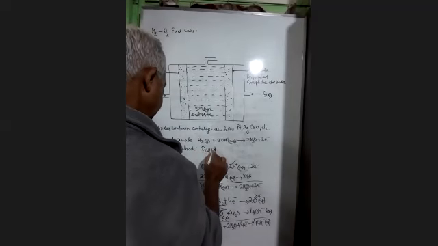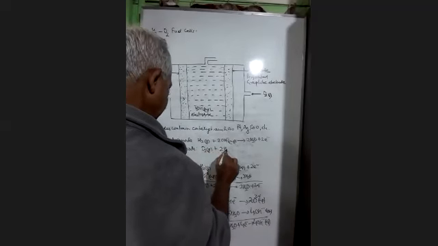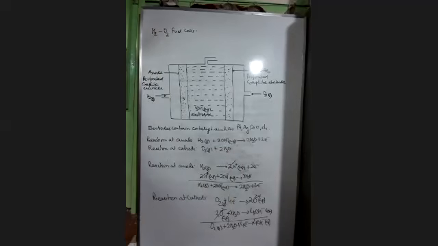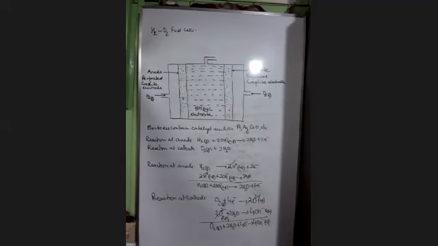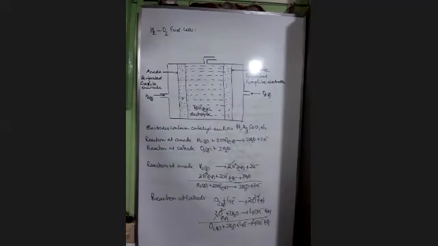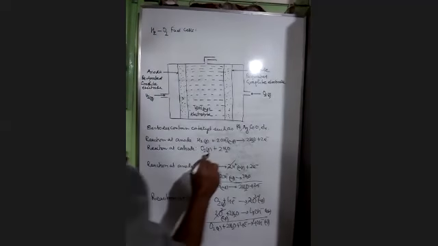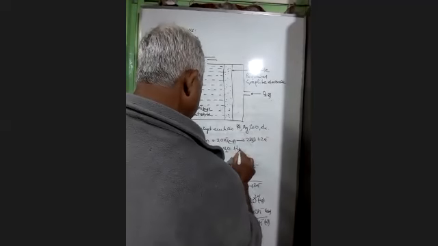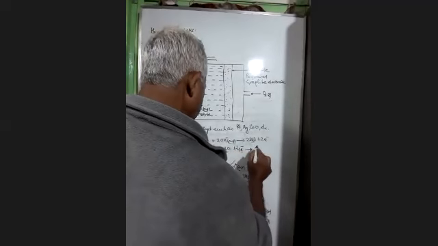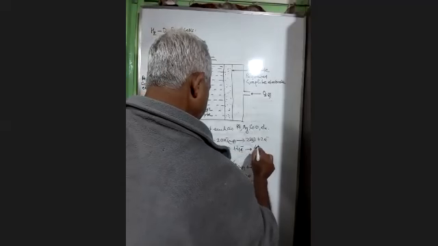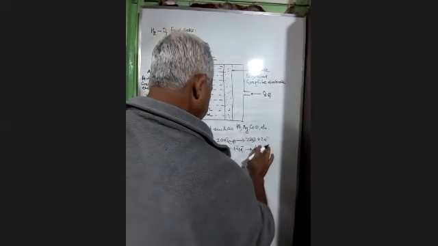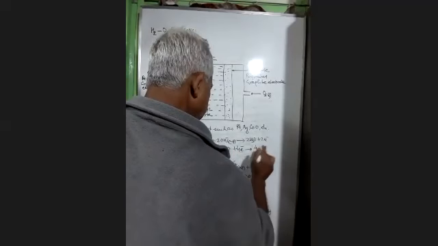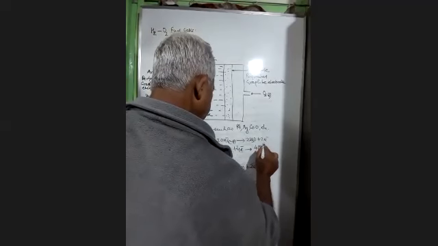O2 gas plus 2H2O. Did I make any mistake? No. Correct. Plus 4 electron gives me 4 OH minus.